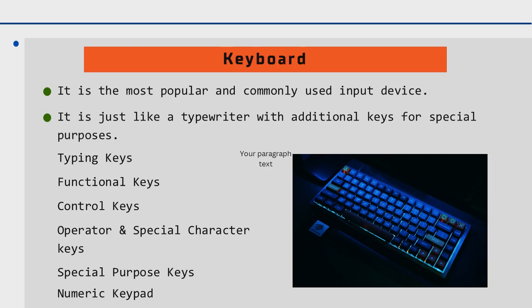Control keys such as Control, Alt and Escape help in giving commands. There are also operator and special character keys like addition, subtraction. Special purpose keys include Enter, Shift and Space bar. Finally, the numeric keypad allows us to quickly type numbers just like a calculator.